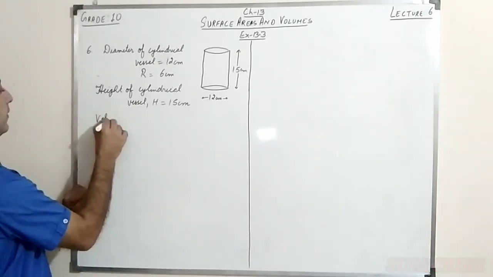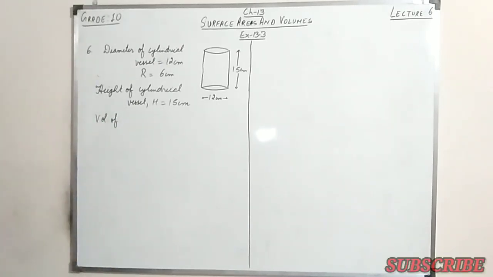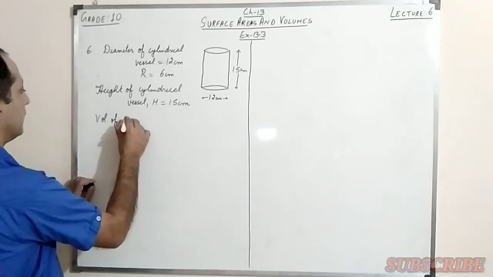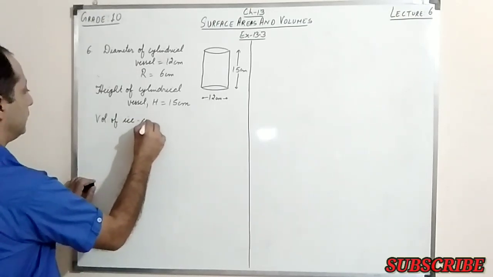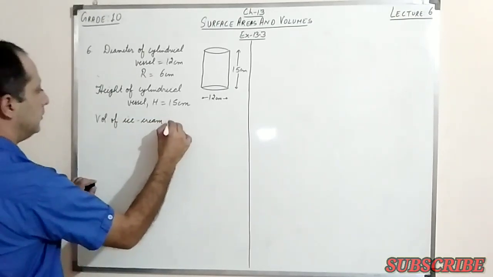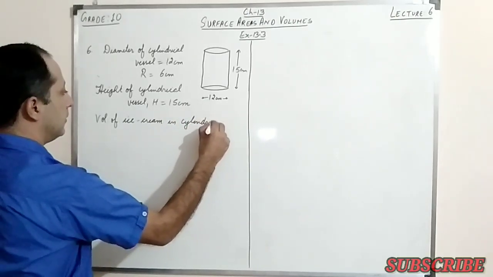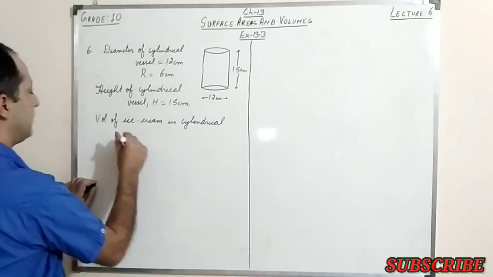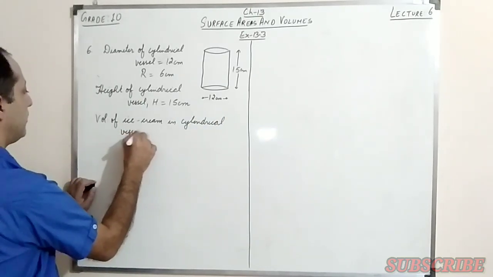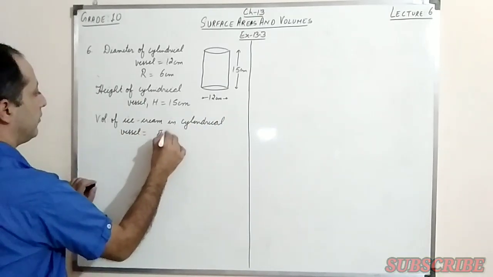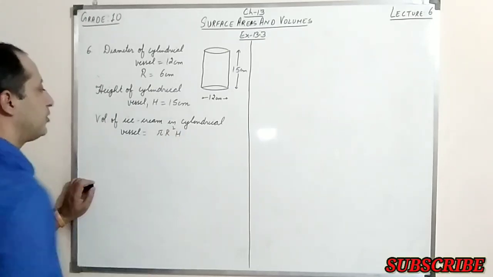So the volume of ice cream in the cylindrical vessel will be equal to the volume of the cylinder. So we have the formula pi r square h.